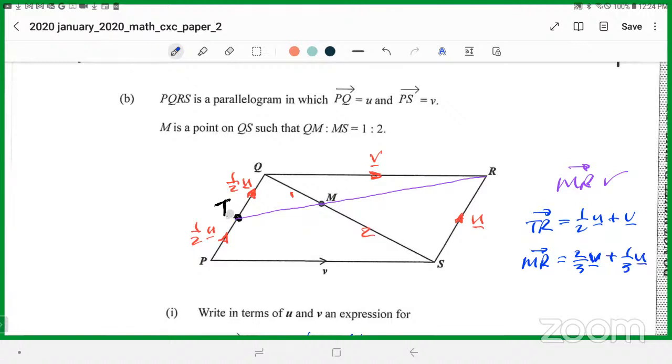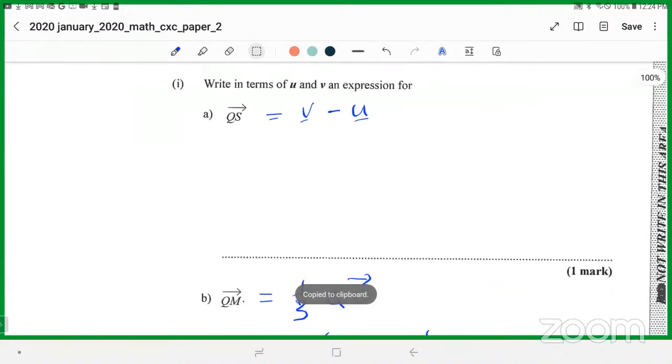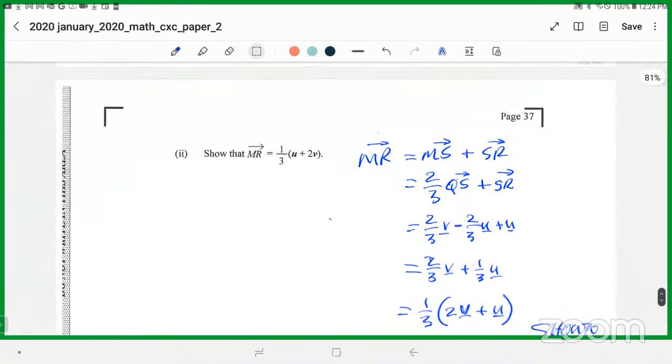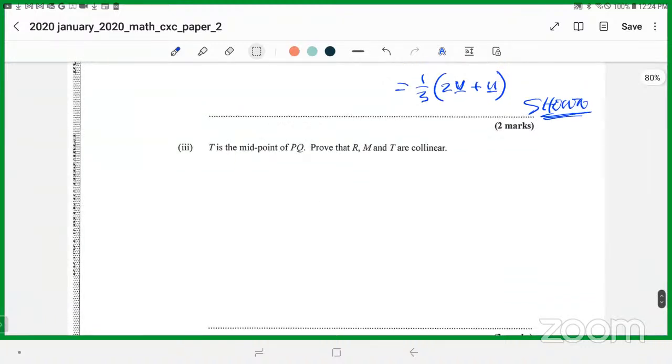So these are the 2 vectors I'm using. I'm going to copy them down now to show that the points are collinear. I'm using this one and this one.